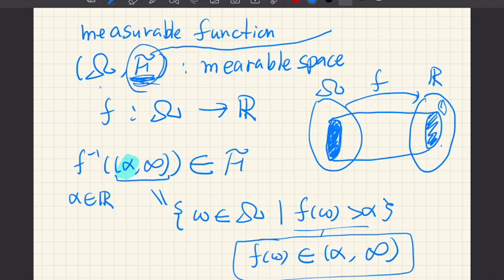I mean, it's tautology, but that's what it implies. So if we pick any subset of real numbers, then get the inverse image of the function, and if this inverse image is a measurable set, then this function is called a measurable function.